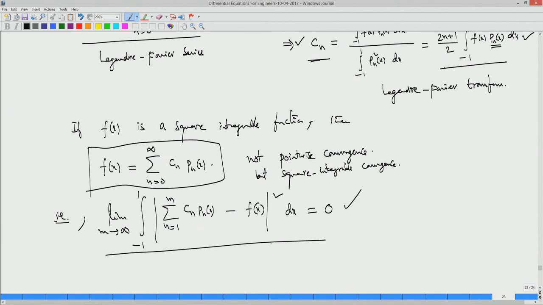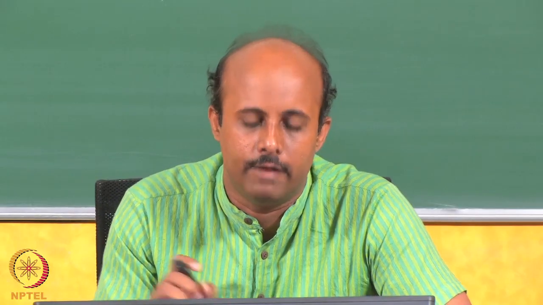This is true even in the regular Sturm-Liouville system and the periodic Sturm-Liouville system, which I missed explaining last time. So, if you take a square integrable function f(x), then this Fourier series still converges to that f, but in the square integrable sense. But if you take a piecewise continuous function f(x), this series converges to f(x) pointwise, okay.